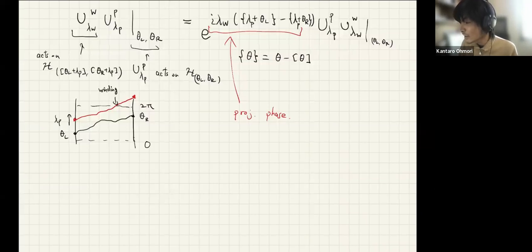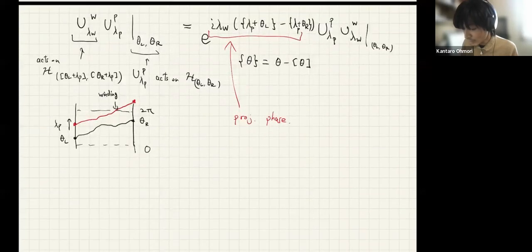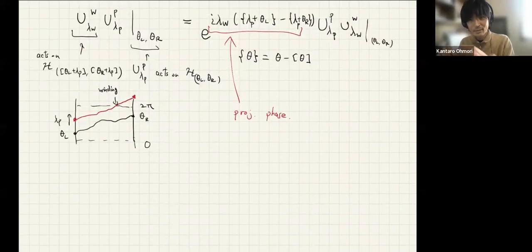And one advantage of this way of seeing the anomaly is that it's straightforward to focus on subgroups, for example the discrete subgroup of U(1), and you just restrict your lambdas to the subgroup. So the diagonal Z2 subgroup is also anomalous.